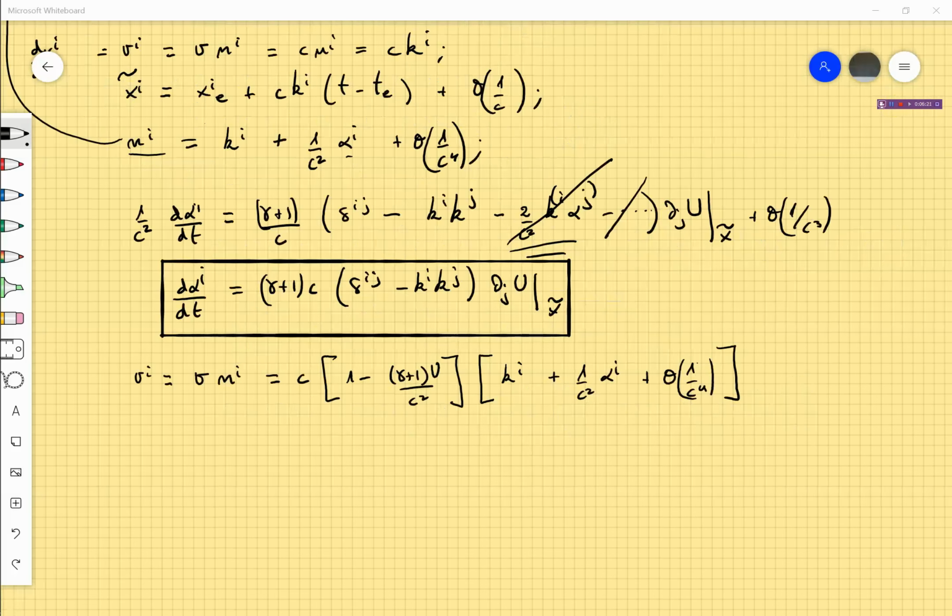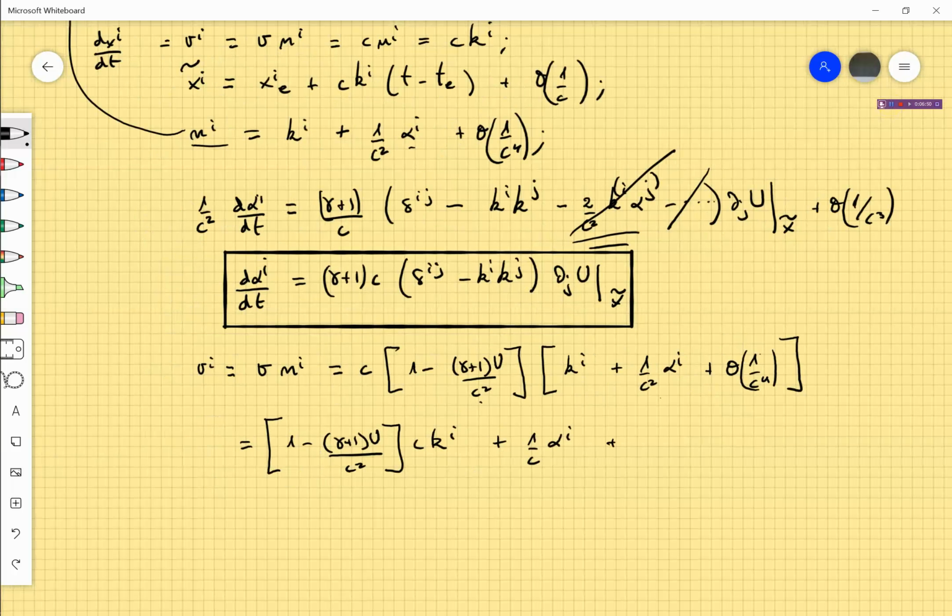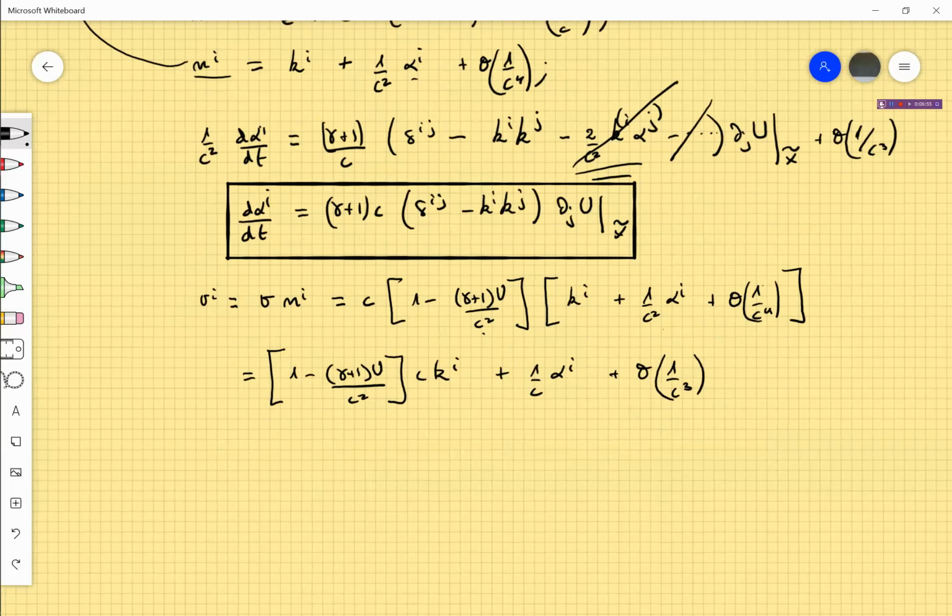Now if you expand this expression, you find first of all this factor 1 minus (gamma plus 1) u divided by c squared multiplying c ki, but then in the next term, this times this is of an order too high, and this will be 1 over c alpha i, then plus terms of order 1 over c cubed that we are not going to consider.